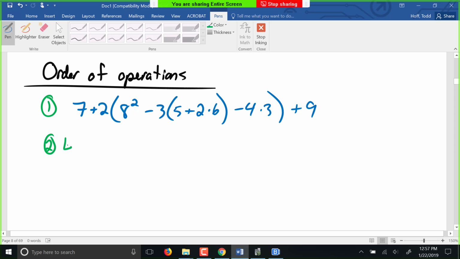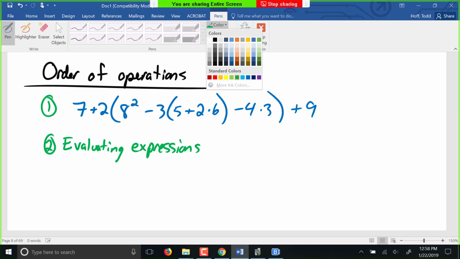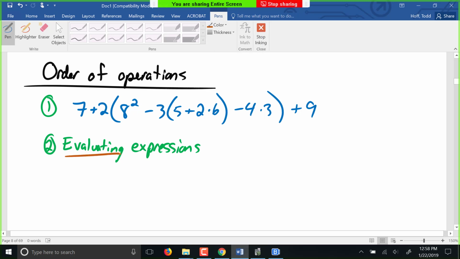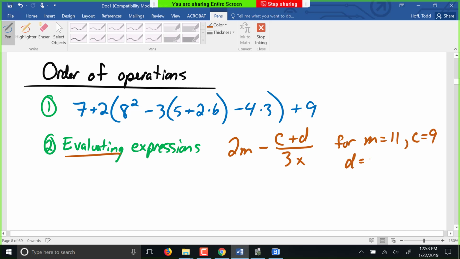We also used it for evaluating. We might be given, evaluate 2m minus c plus d over 3x for m equals 11, c equals 9, d equals 12, and x equals 1.